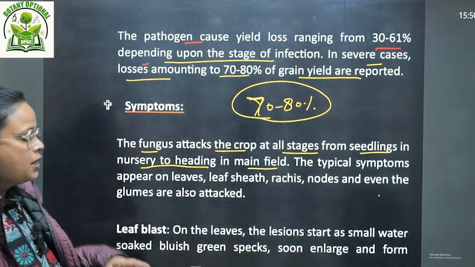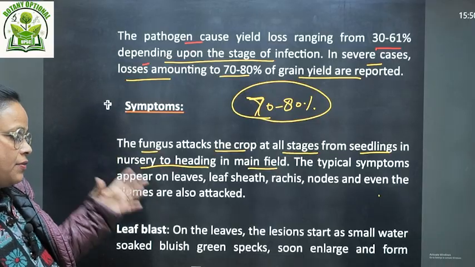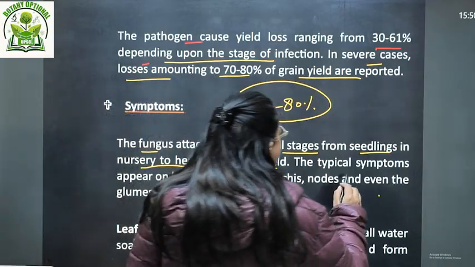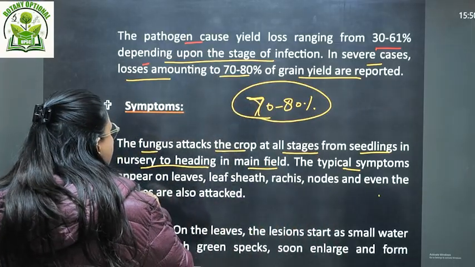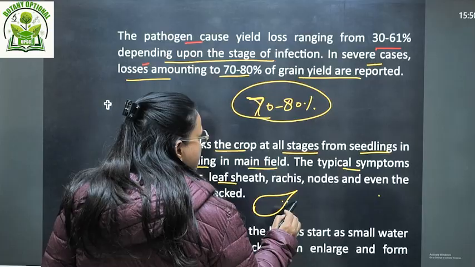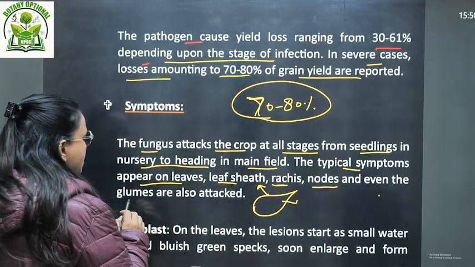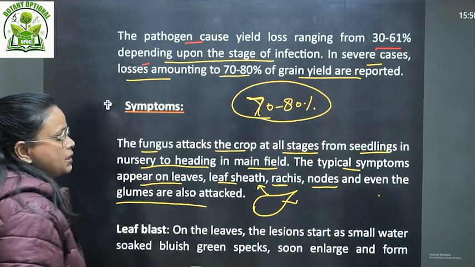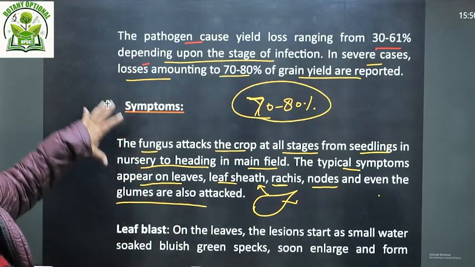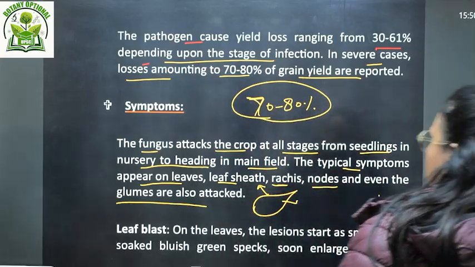When it is in the nursery, the fungal infection is created and the typical symptoms appear on the leaf. Leaf, sheath, rachis, node, and even the glumes are also attacked. So you can see all the parts of the plant getting infected with the fungus.